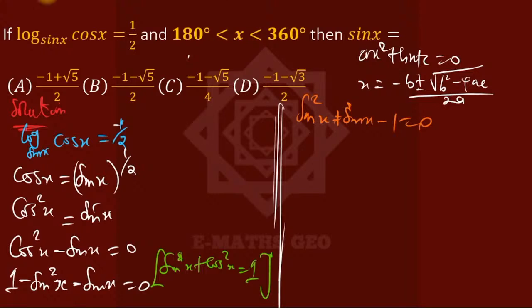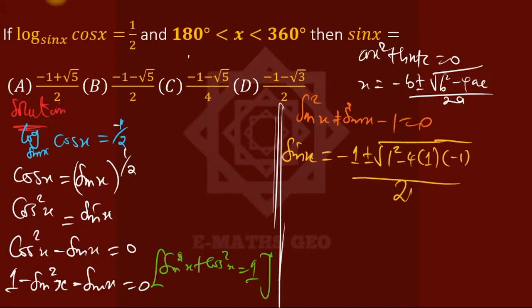So I have sine x equals minus b, the coefficient of sine x, which is minus 1, plus or minus the square root of b squared, which is 1 squared, minus 4 times a, which is 1, times c, which is minus 1, over 2 times 1.